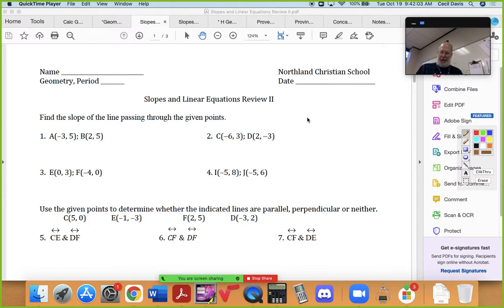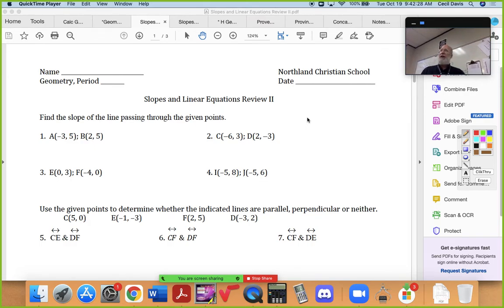Number 14, y equals 3x plus 6. Number 15, y equals 7. Number 16, either y equals 3/2 times parentheses x minus 9 plus 8, or y equals 3/2 times parentheses x minus 3 minus 1.